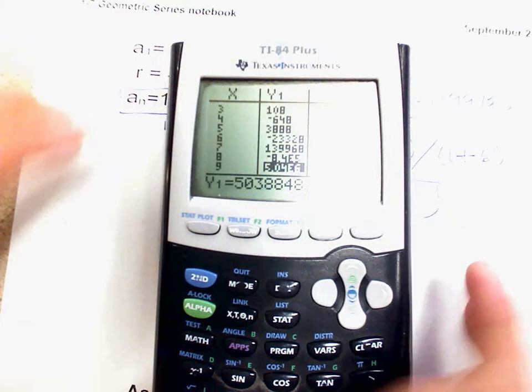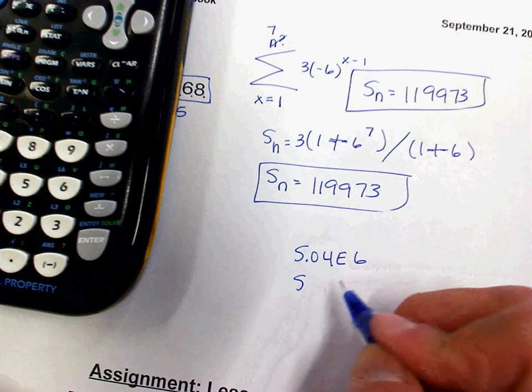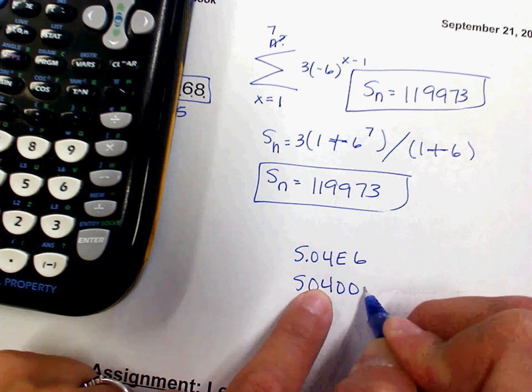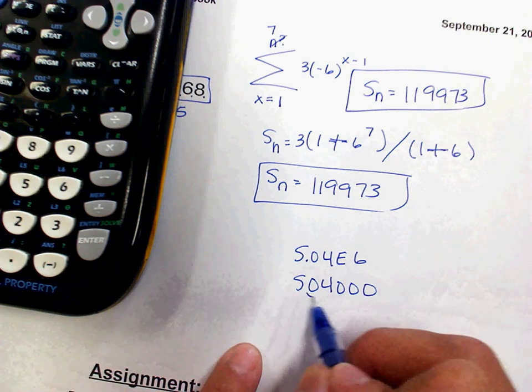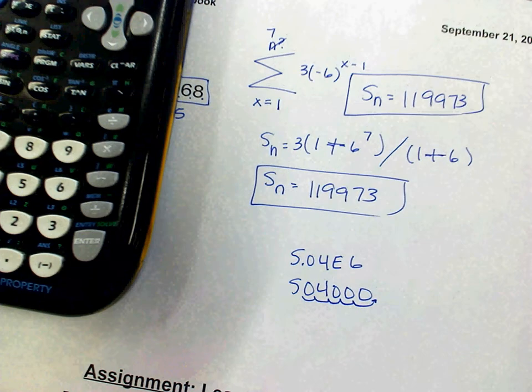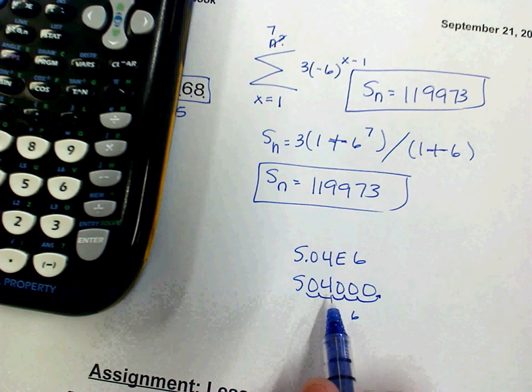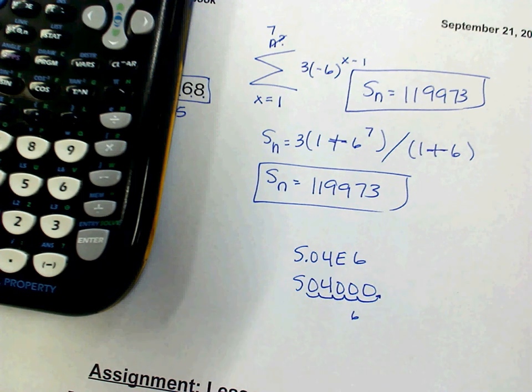So 1, 2, 3, 4, 5, 6. 6 places. That's all that means. No big deal, right? What if it's negative? It goes the other direction. There's your scientific notation. All right, guys, here's your lesson. Please get it done. Any questions?